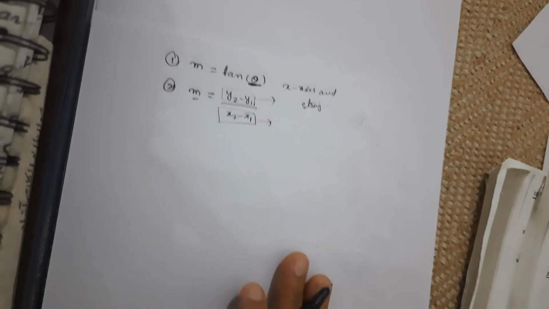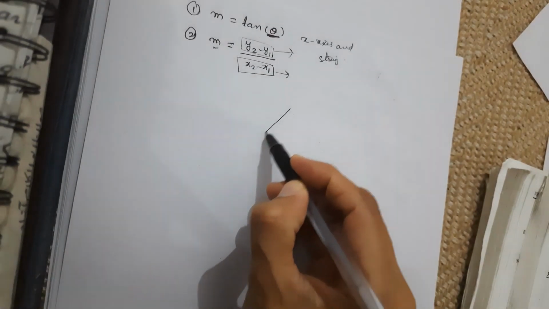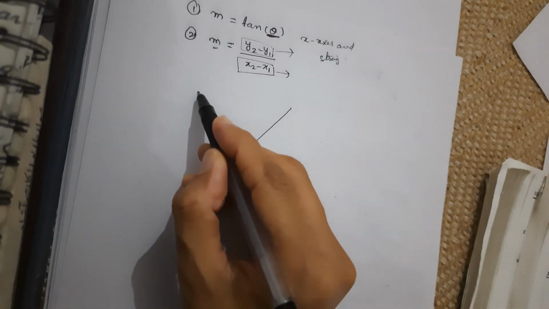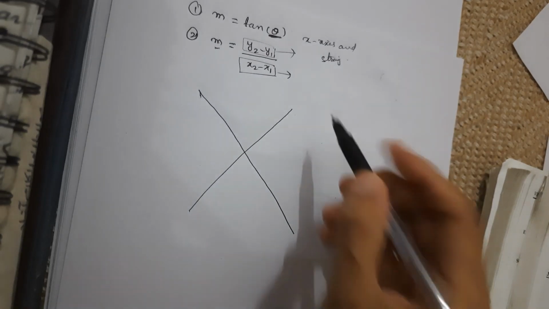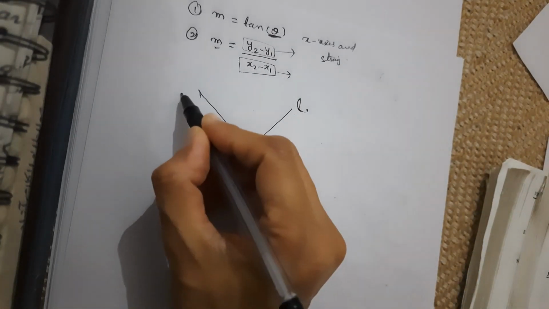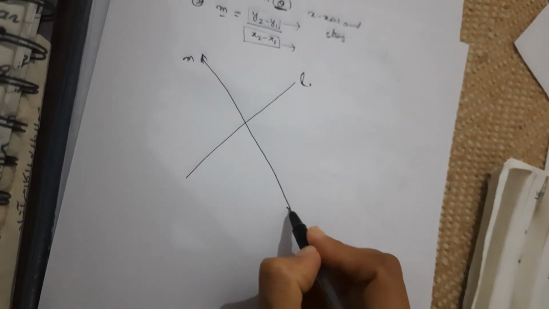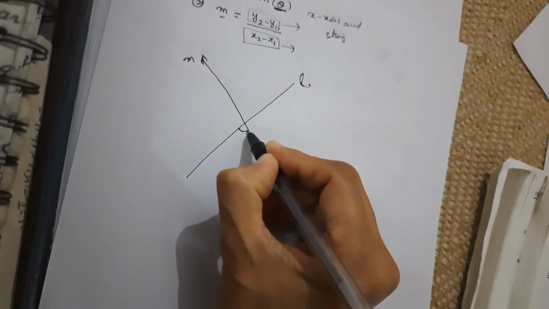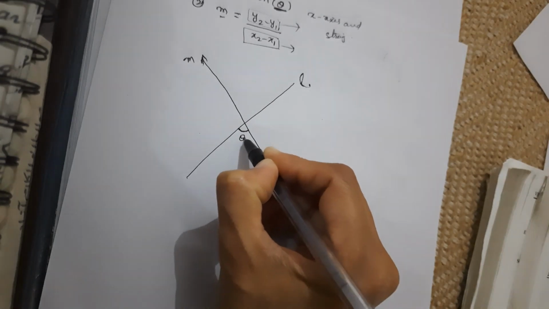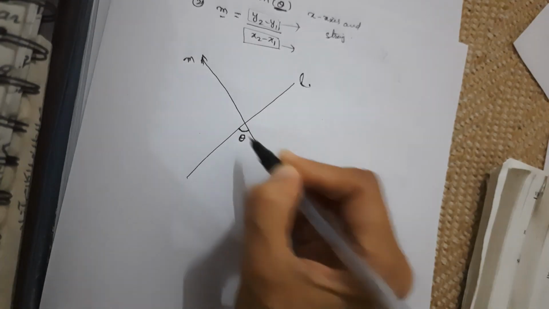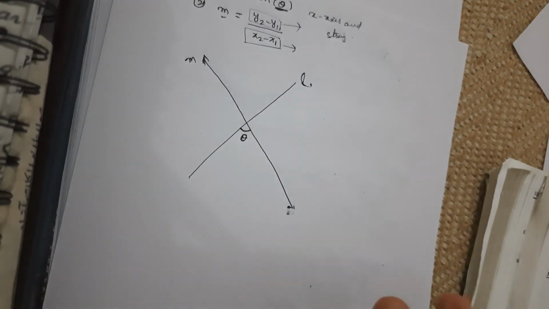Now if two lines are there, suppose one line is L and the other is M. Okay, suppose this is L and this line is M. So these two lines are there and I just want to measure the angle between these two lines. So how can I measure it? So we will just move to this topic now.